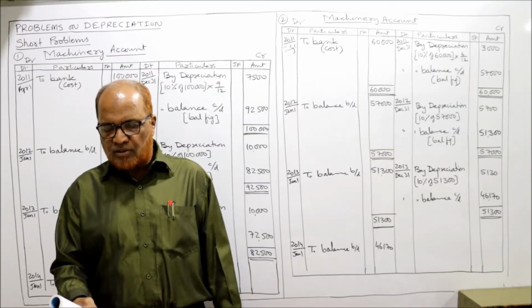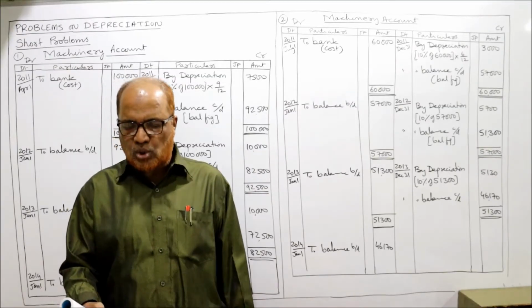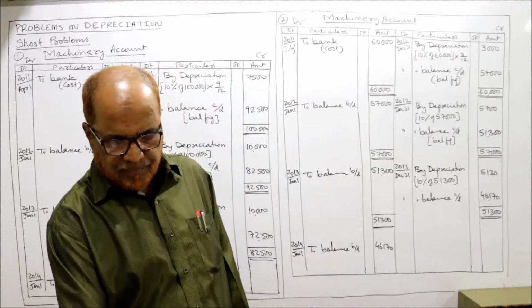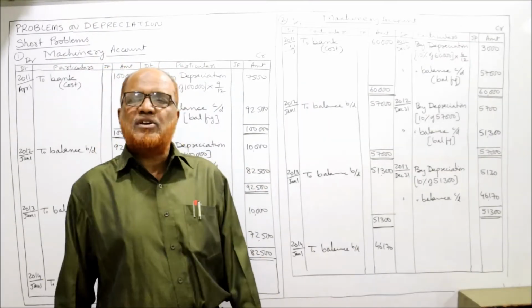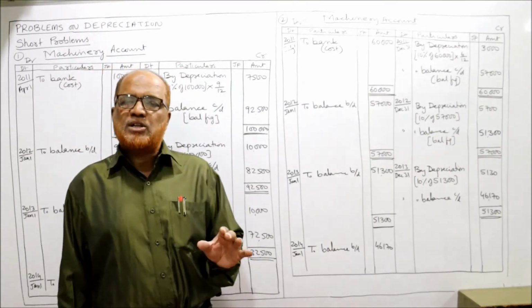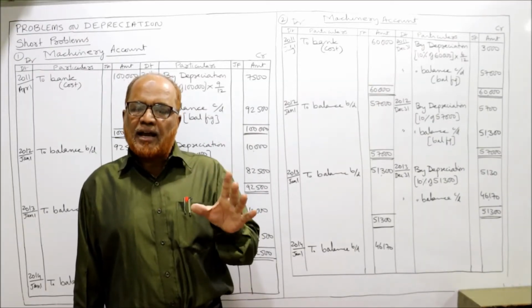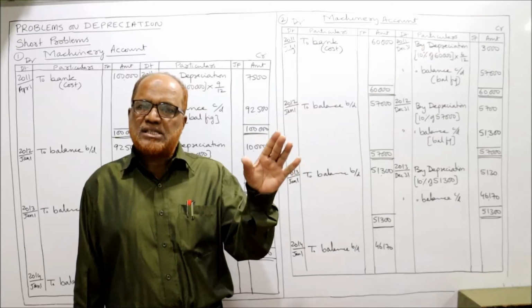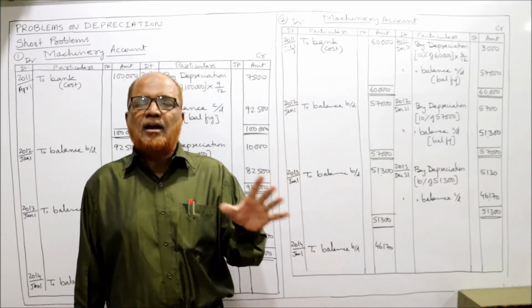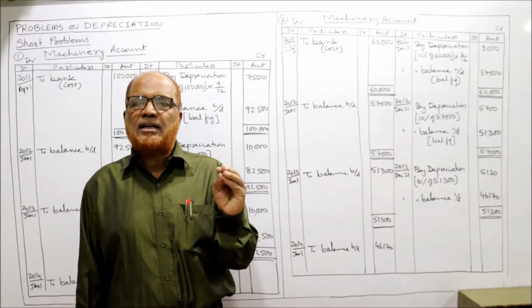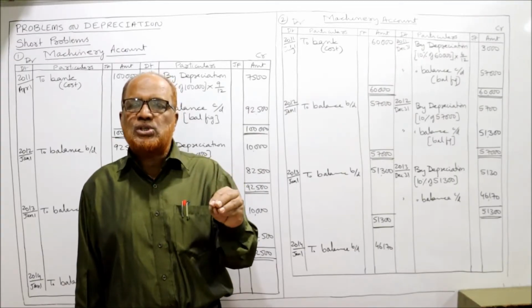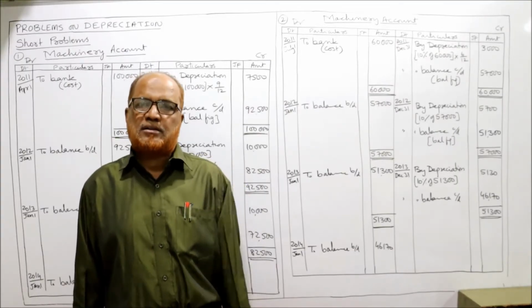Show the machinery account for 3 years, assuming that the books are closed on 31st December every year. Exactly similar to the previous problem. Here the machine is purchased on 1st July 2011 and accounts are closed every year on 31st December. Depreciation to be provided 10% on reducing installment method.